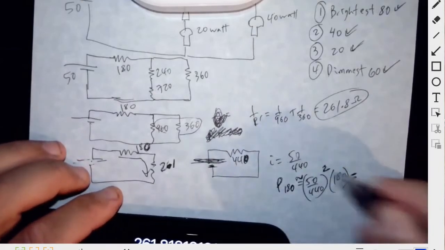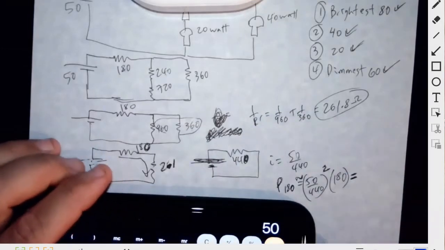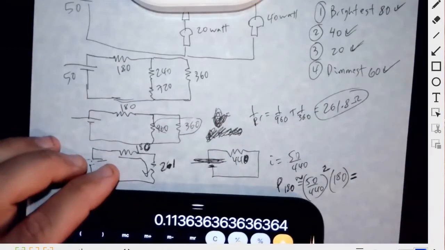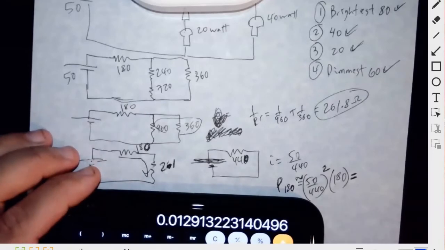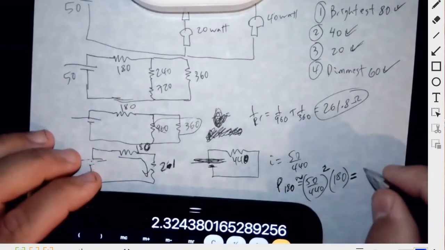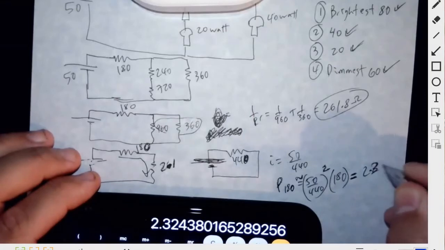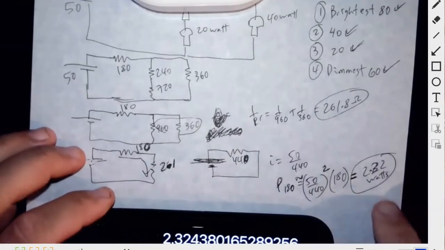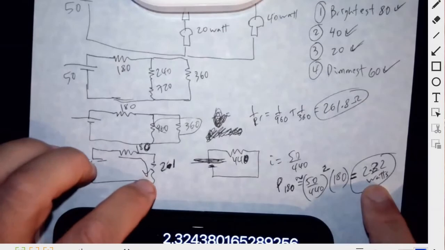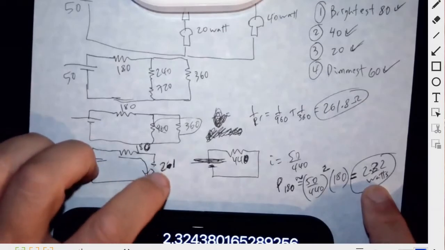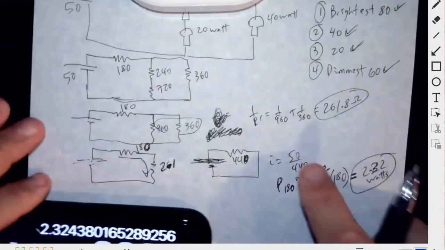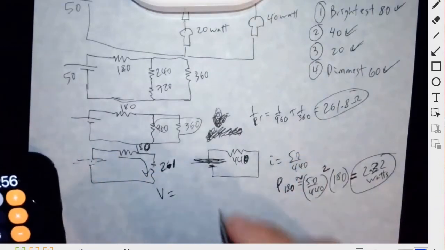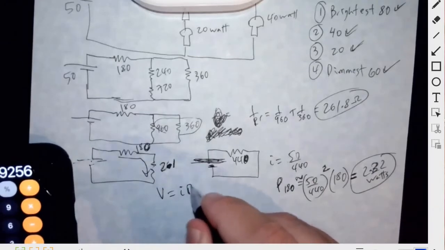okay, so let's square this number. 50 divided by 440 squared times 180. 2.32 watts. Okay, then let's find out the voltage of this guy. If I know its current, the voltage of this guy is going to be current times resistance.